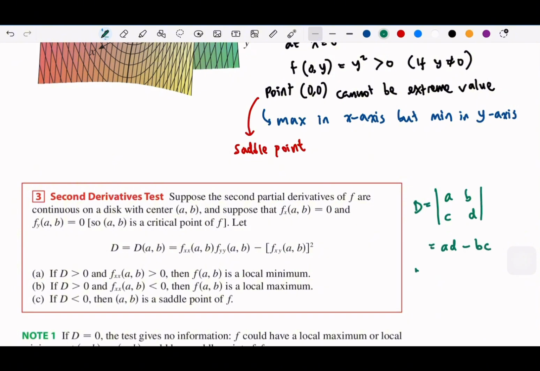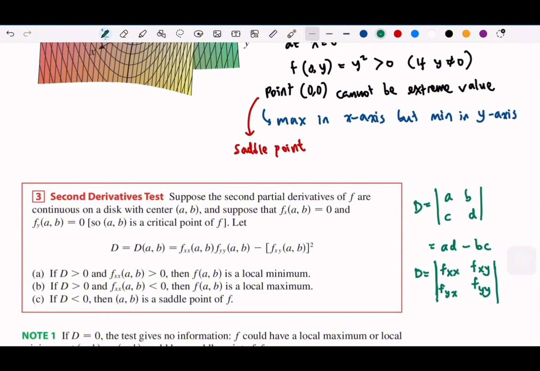So this D can be written as fxx, fyy, this is fxy, and this is fyx, which are the same. Maybe we can write this first as a note, because this will be true for every case that has these requirements.